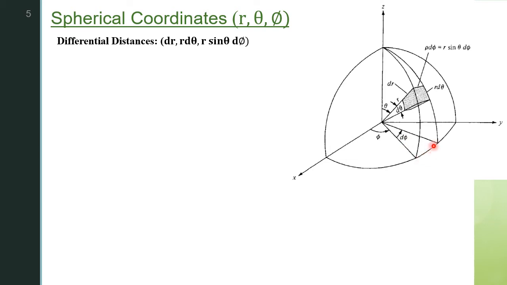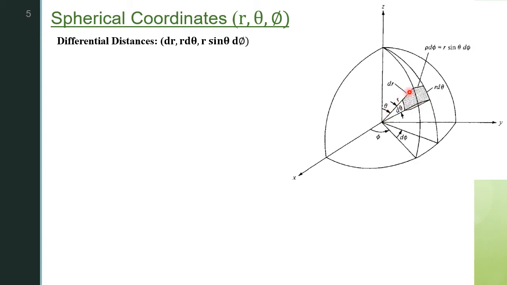This length and this length are parallel to each other, so this is also rho d phi. As you have already studied, rho is the same as r sin theta. So along the phi direction, the displacement is r sin theta d phi.